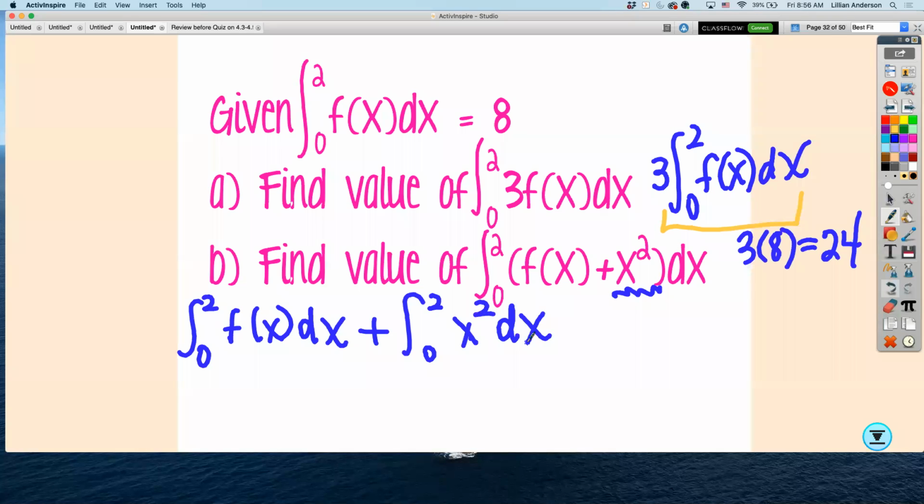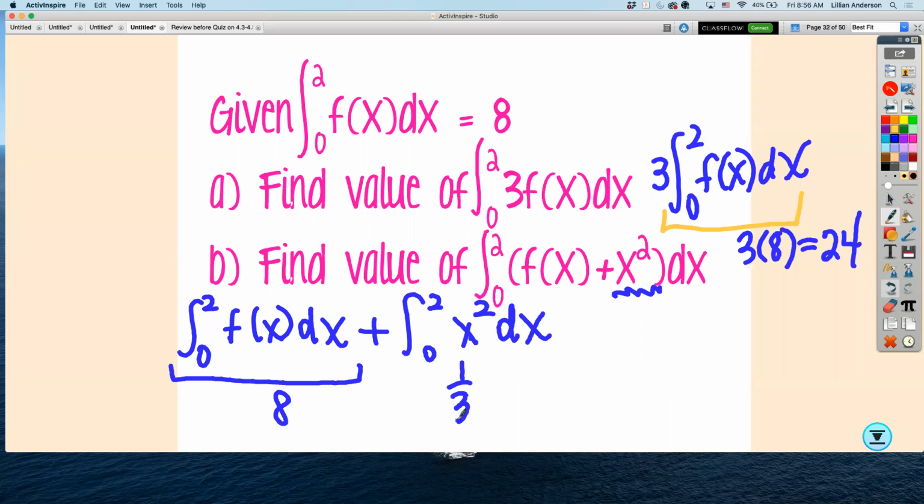And again, I know that this entire piece right here is going to become 8. But what do I have to do with the second integral? I've got to integrate and then plug in bounds. Okay, what's the antiderivative of x squared?